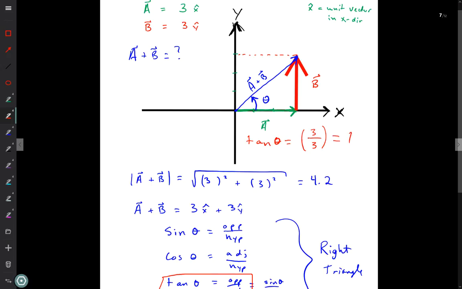Well, if I know tangent of theta is 1, I know a lot of you know the answer already. But you can just take your calculator, and your calculator has a function, arctangent or inverse tangent. It's an inverse function, so I'm going to put arctangent or inverse tangent on both sides.